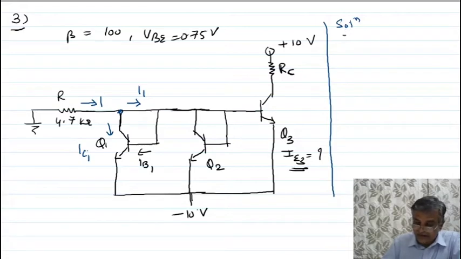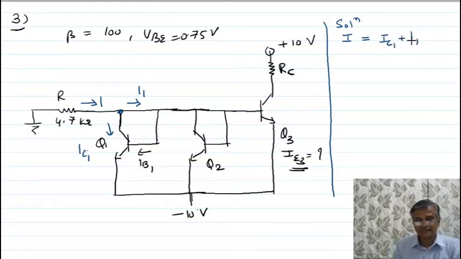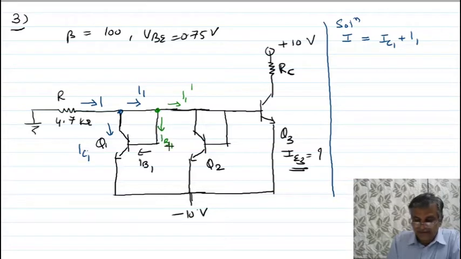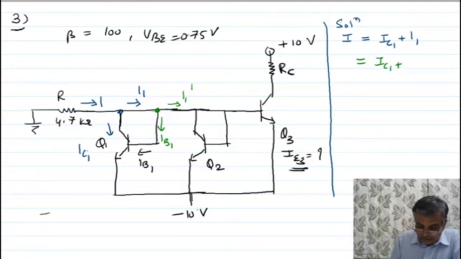See, current I is equal to, I can write, IC1 plus I1. Now look, what is I1? I1 you can say clearly, from this point you will get say I1 dash, and second is say IB1. So IC1 plus, what is I1 at this point? I1 I can write I1 dash plus IB1.